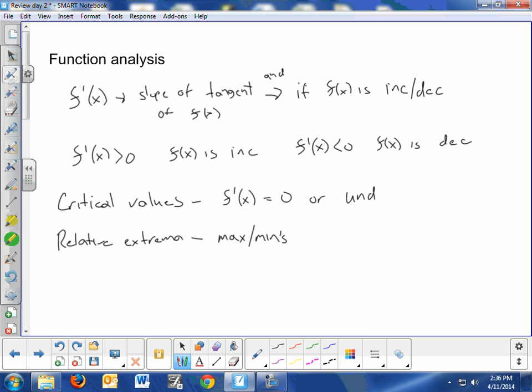All relative extrema will occur at critical values, but not every critical value produces an extrema. Is that like the x cubed? Yes. The derivative is 0 at 0, but it's not a max or min. All extrema occur at critical values. Not all critical values are extrema.